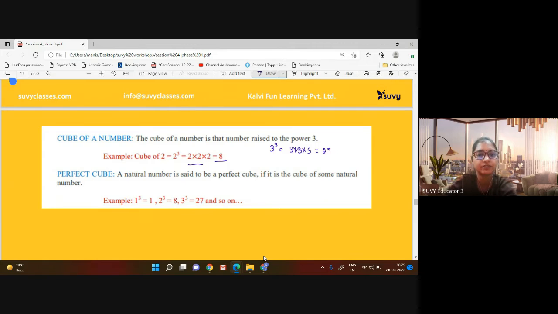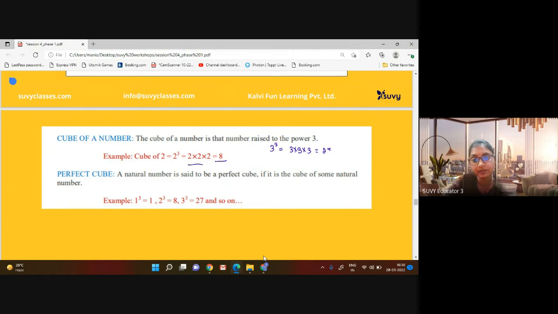So perfect cube. It means a natural number is said to be perfect cube if it's cube of some natural number. Like you thought of a number 8. So 8 is a perfect cube because it is a cube of a number 2.